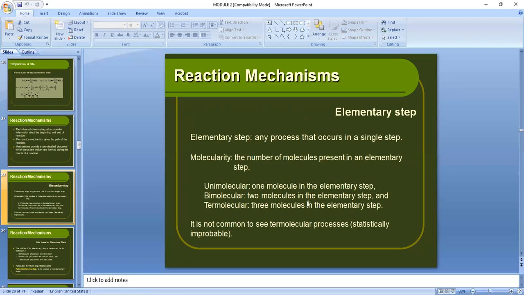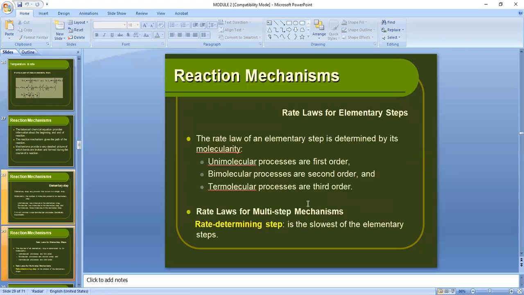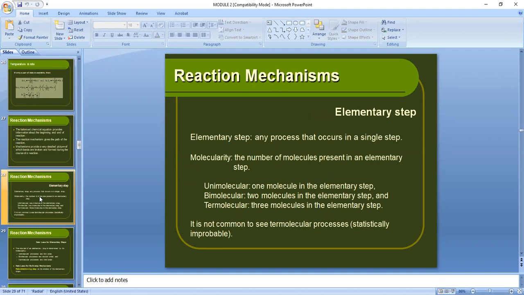Just a single reaction. Now, when we speak of molecularity, this is only applicable to elementary reactions. So we don't use the principle of molecularity for non-elementary reactions. The number of molecules present in an elementary step tells you the molecularity of your reaction. So unimolecular, you only have one molecule. Bimolecular, you have two. And termolecular, or tri, you have three molecules in your reaction.